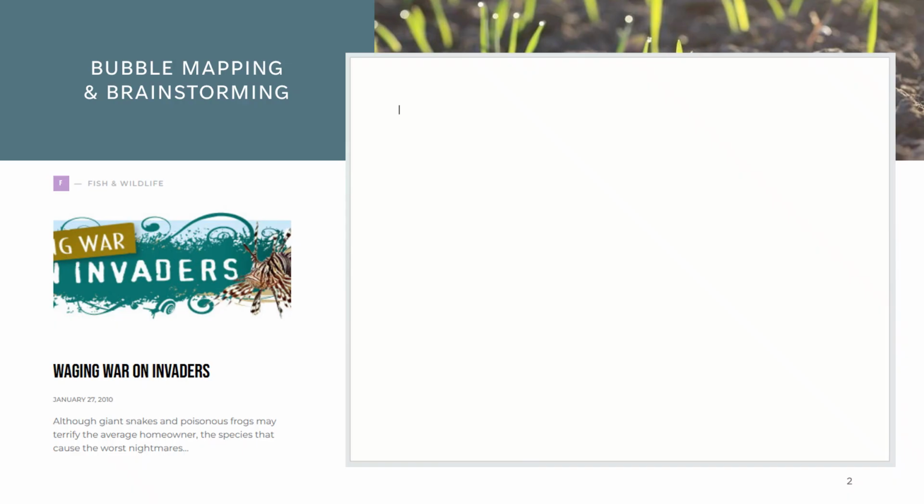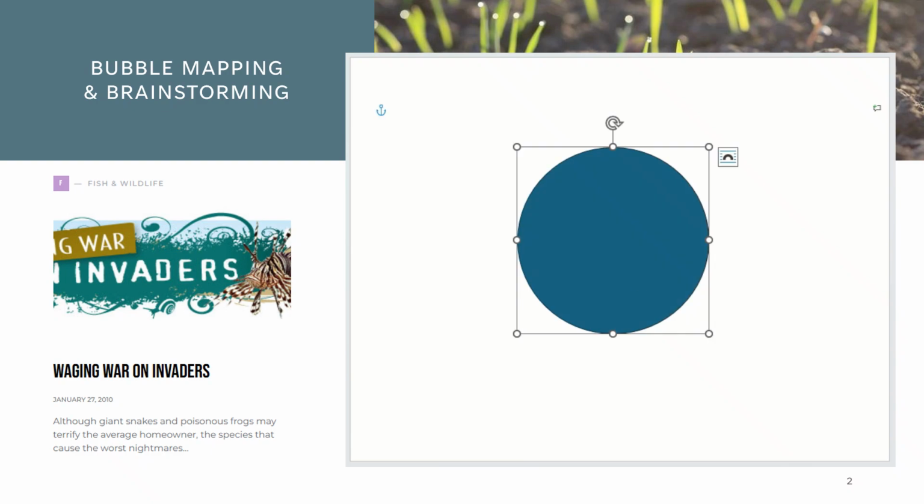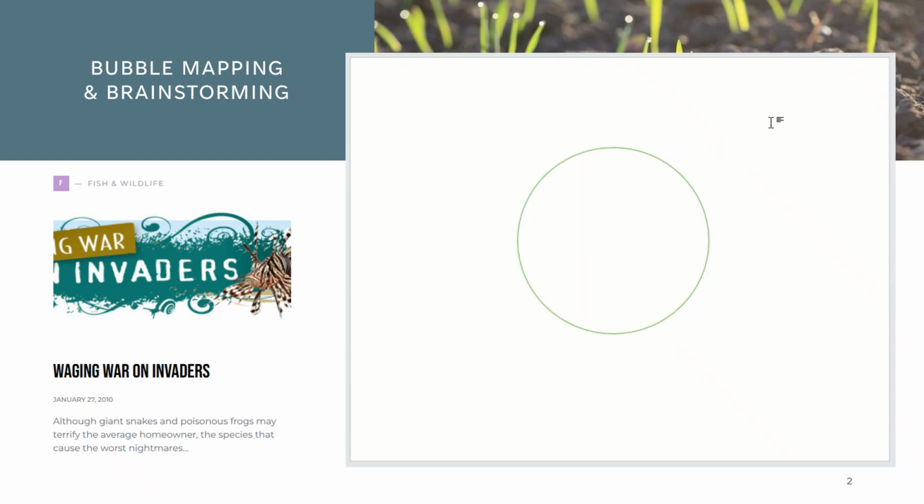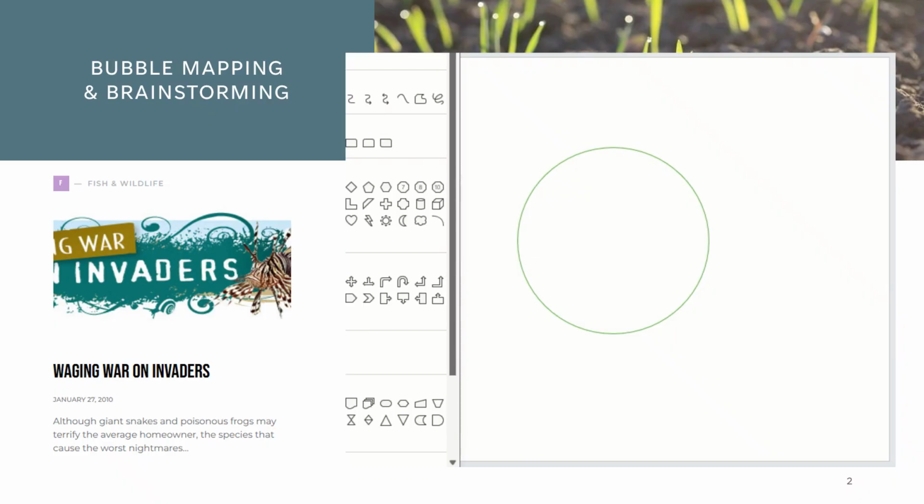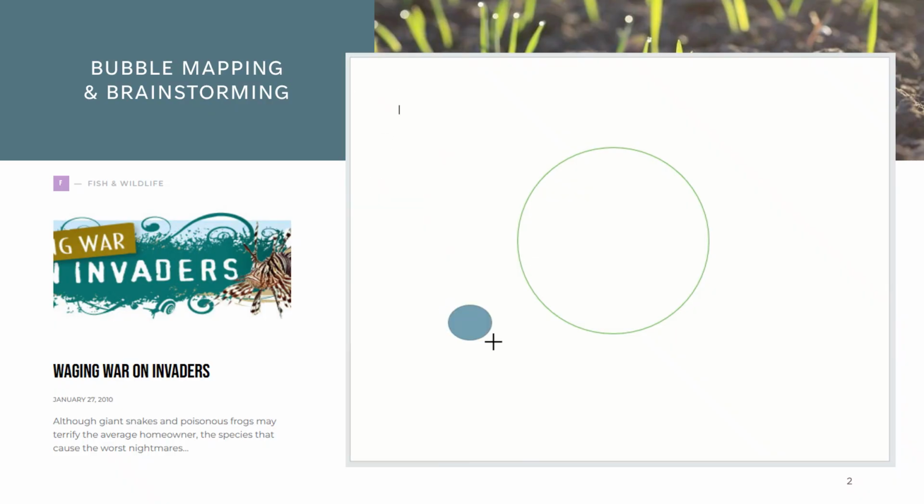All right, so on your sheet of paper, you're going to draw a big circle in the middle. So I'm going to do this here and reset this so that it's empty. So I've got my big circle in the middle. And then from there, we're going to make three medium-sized circles.